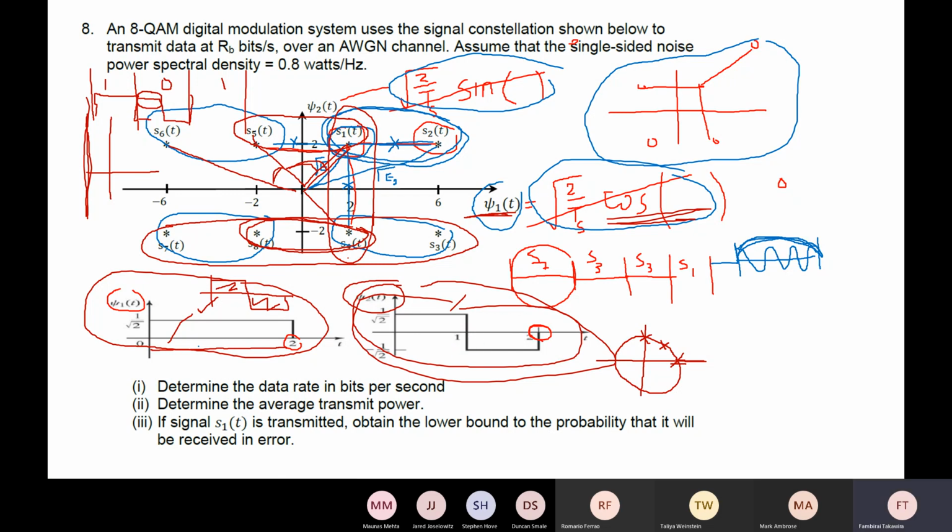The change in the amplitude in time would be determined by psi 2, which has the minimum switching time. So the bandwidth is determined, in this particular example, by this time here. Okay, I think I understand.